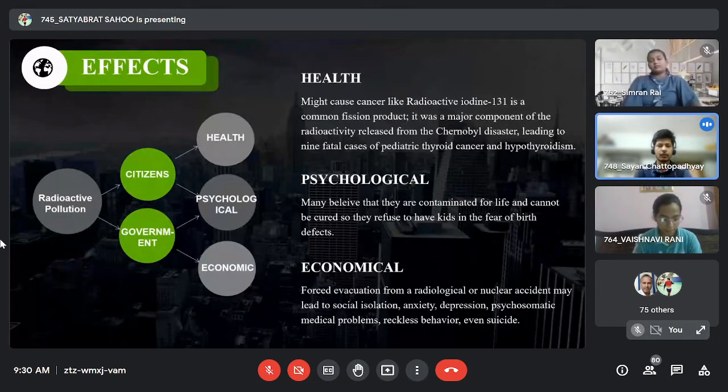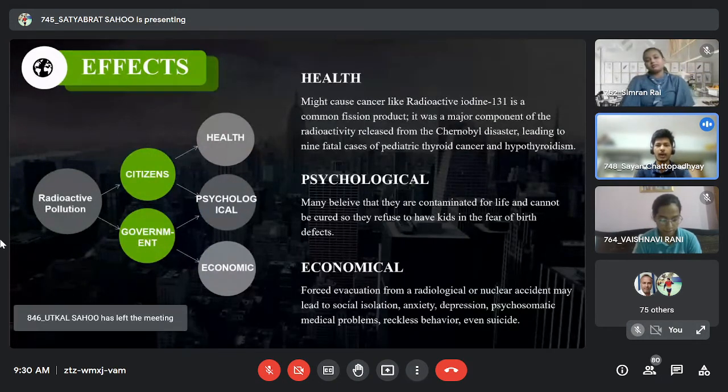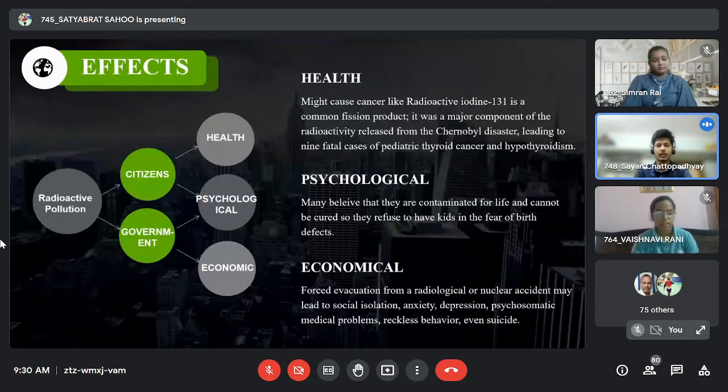Coming to health effects, when speaking of genetics, radiation is known to pose a wide spectrum of detrimental consequences. Radioactive pollution can cause damage to DNA strands, which over moderately long durations of time can lead to some forms of genetic breakup.